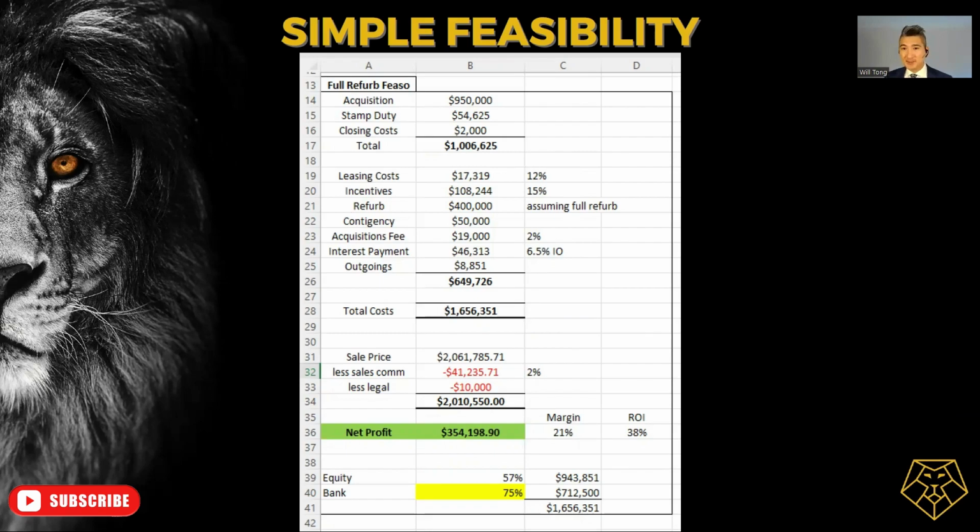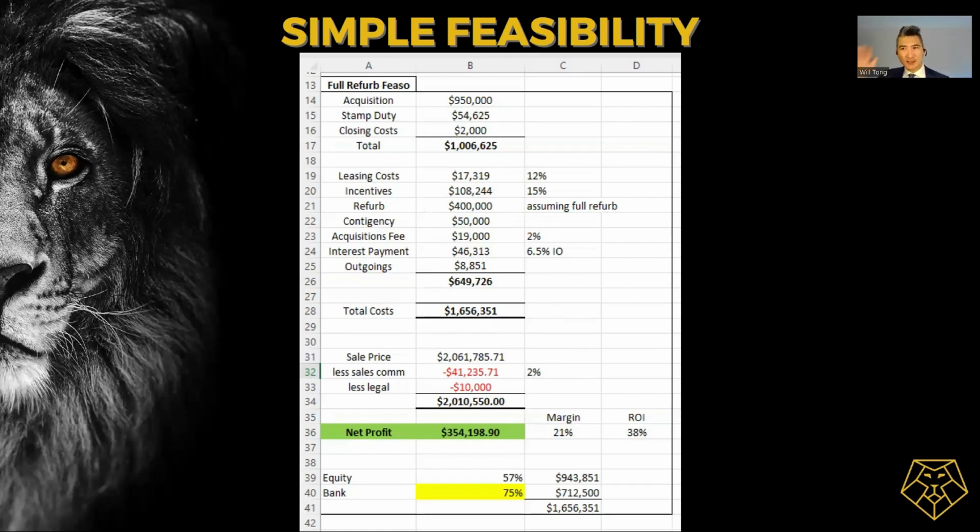What incentives I might be out of pocket for, how much it's going to cost to refurbish the property, and also factoring in some contingencies. After factoring all this in, it will give me the total execution cost, which would then give me a total project cost of this amount. In this example it is $1,656,000.